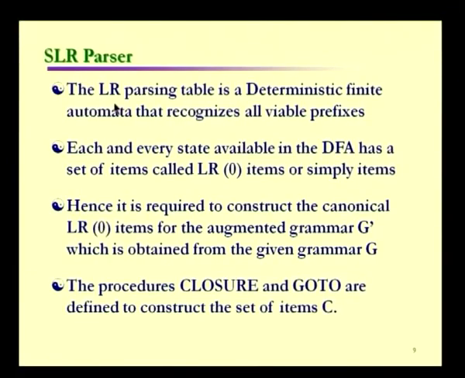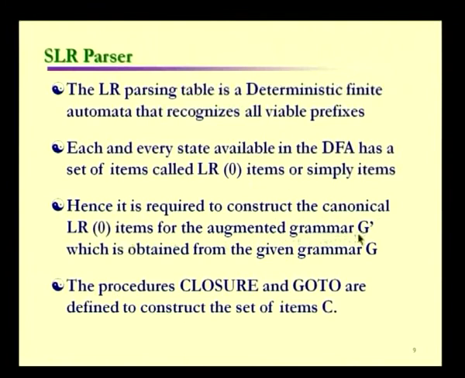In the case of SLR parsing, it is actually a deterministic finite automaton that recognizes all the viable prefixes, and every state in the DFA has a set of items called LR(0) items, or simply items. Hence it is required to construct the canonical LR(0) items for the augmented grammar G dash.